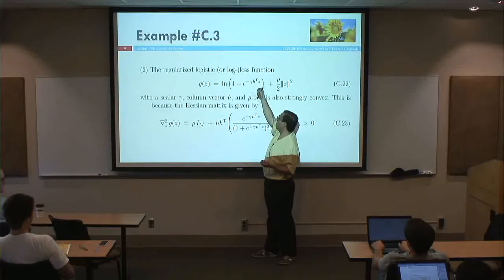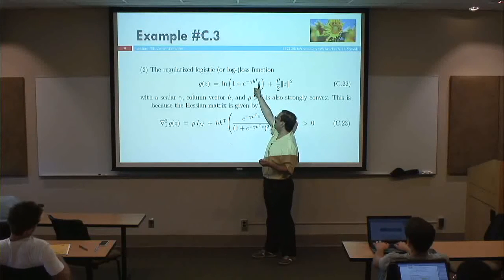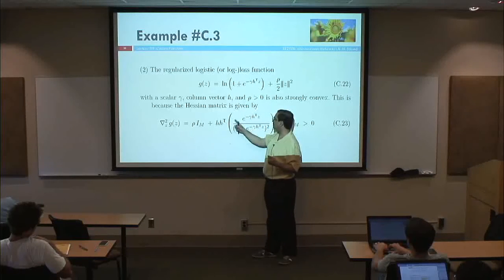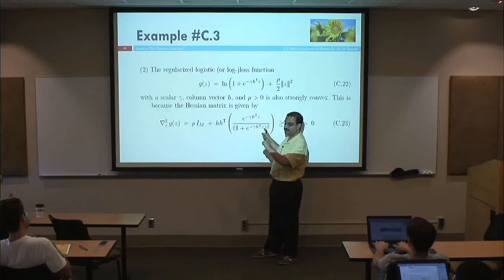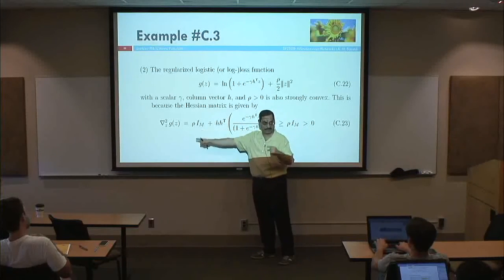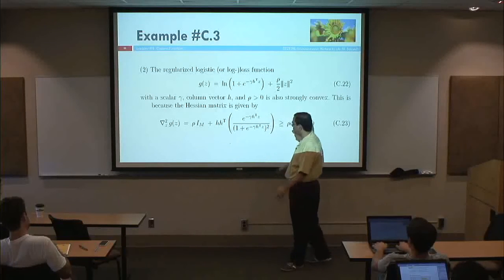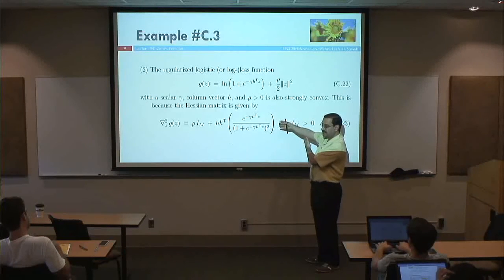Since z is a column, you will get h transpose times the exponential over that. Then you have to compute the gradient relative to z transpose again because you want the Hessian. So these are 2 successive gradient steps. If you do that calculation, this is what you get.